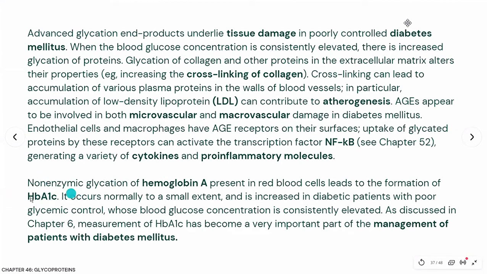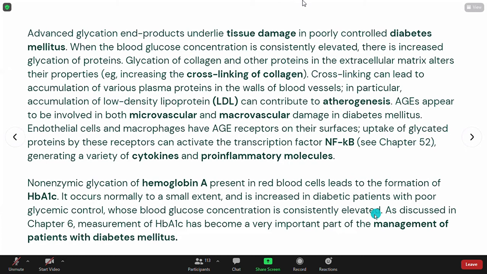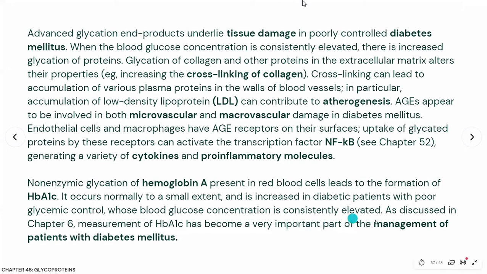So hemoglobin A1C occurs normally to a small extent. In a normal person, there's a very small amount, sometimes undetectable, but they are common in pre-diabetic or frank diabetic patients with poor glycemic control, whose blood glucose concentration is consistently elevated.